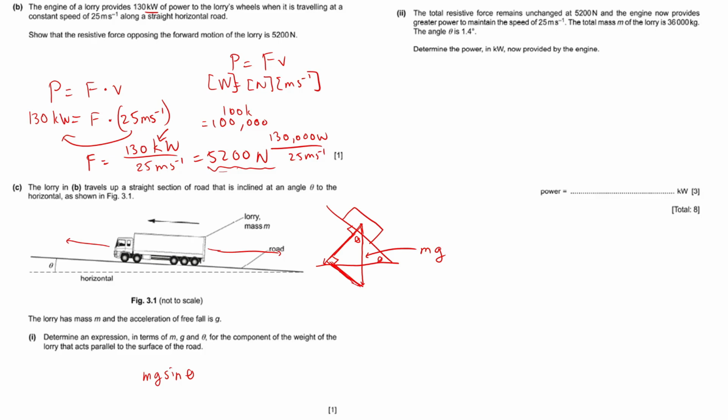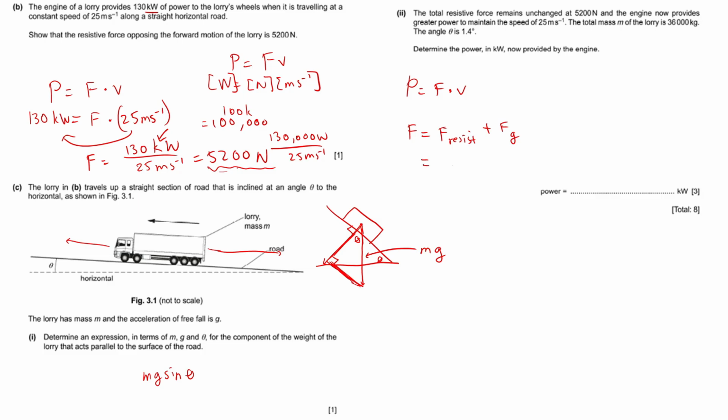So first, you know that P is equal to F times velocity. And we have to figure out the force of the engine that goes up, right? So F, in this case, is going to be the resistive force plus F of G, which we'll calculate, right?